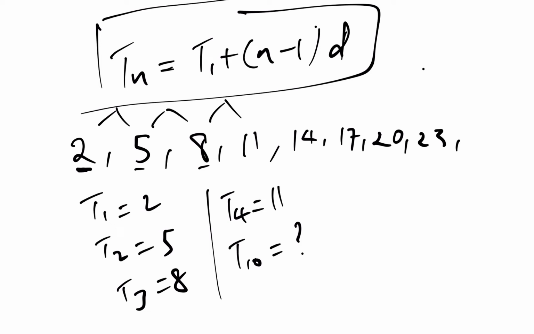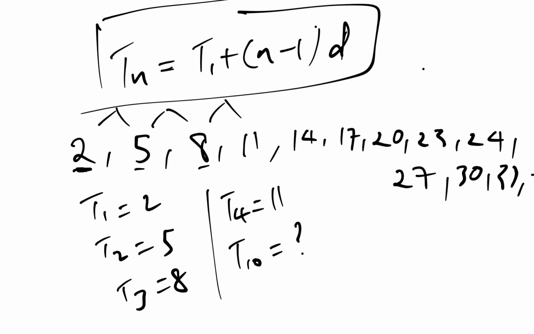After 23 is 26. After 26 is 27. After 27 is 30. After 30 is 33. And it will continue. So if we have to find T10, the hard way is to do just like we've done here. Then you calculate the number of terms that you have.